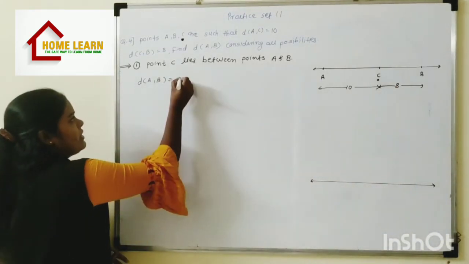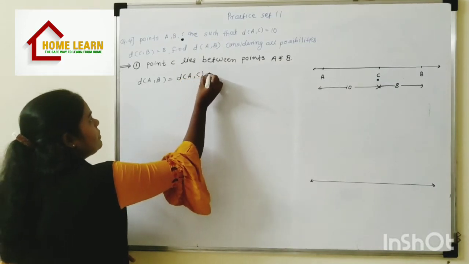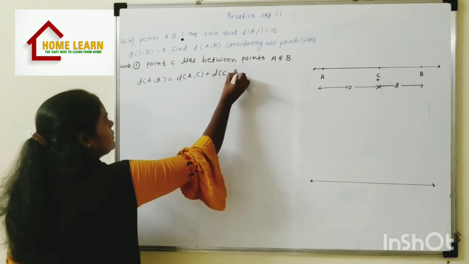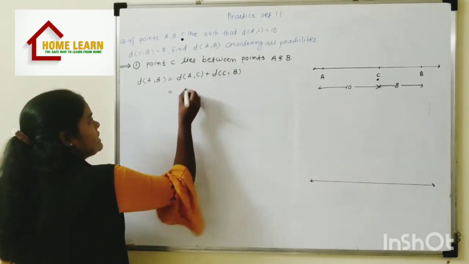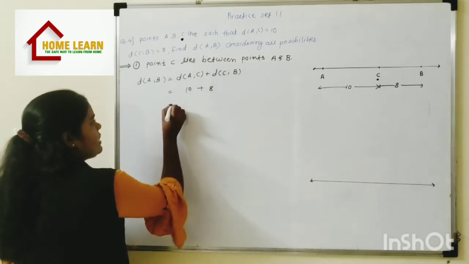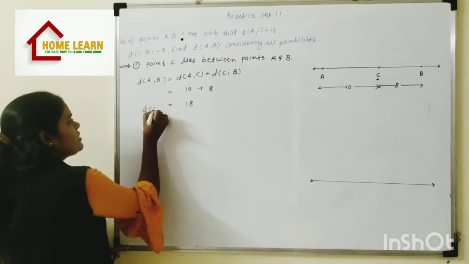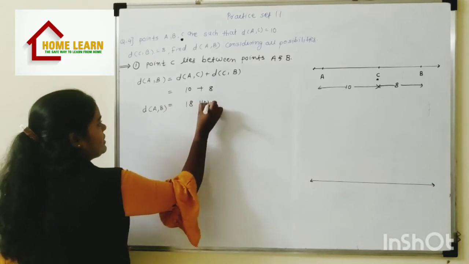So write here the distance of points A and C plus the distance of points C and B, where the distance of AC is 10 units and the distance of CB is 8 units. So write here 18. Hence, by the first possibility, the distance between A and B is 18 units.